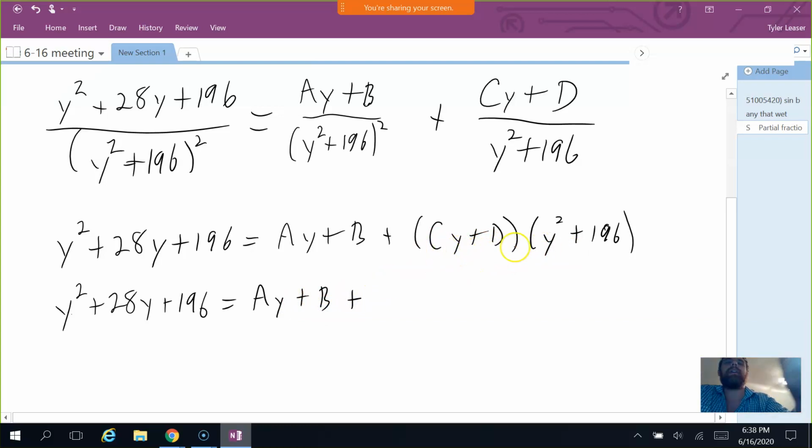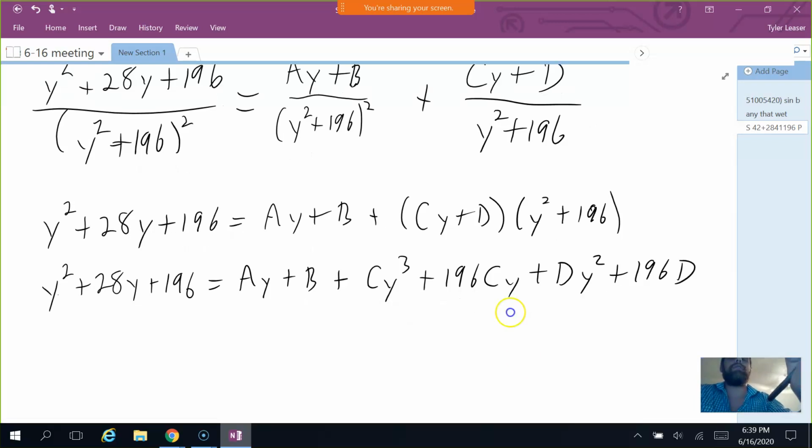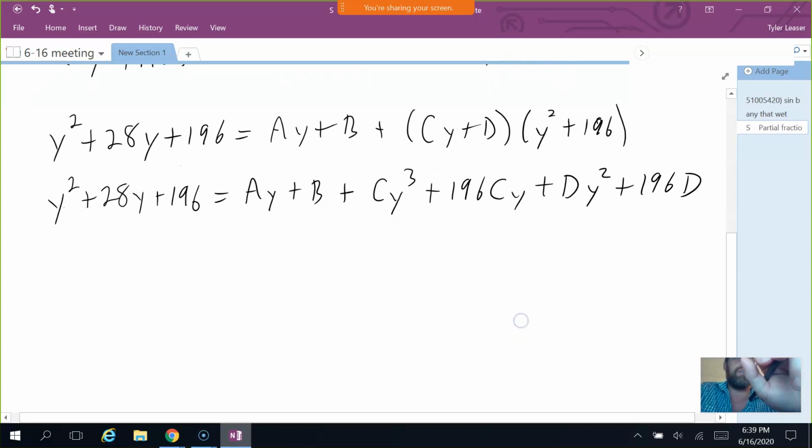So cy times y squared is cy cubed. Cy times 196 is 196cy. D times y squared. And then d times the 196. All right, the reason we multiplied everything out there is that now we have a bunch of different power functions, and we can set the coefficients of those power functions equal to each other.